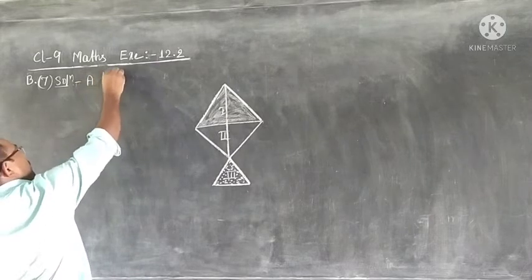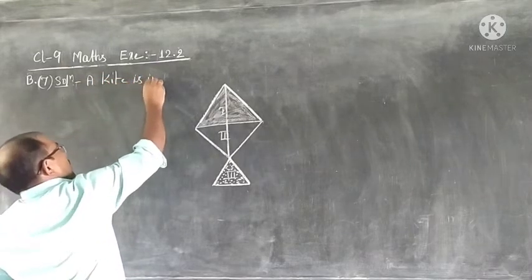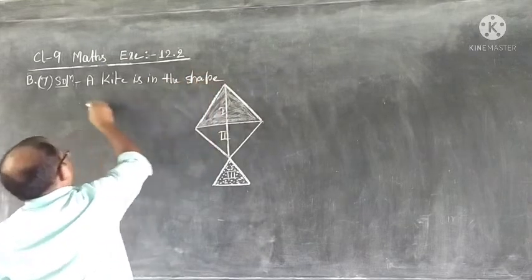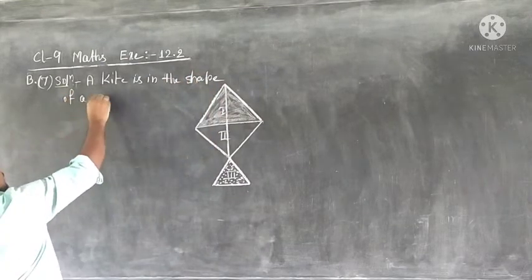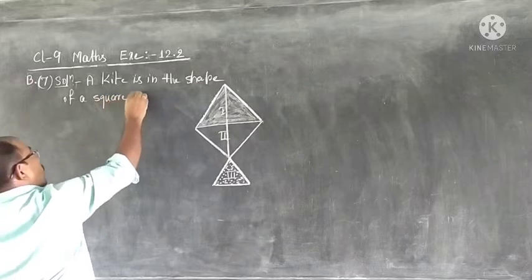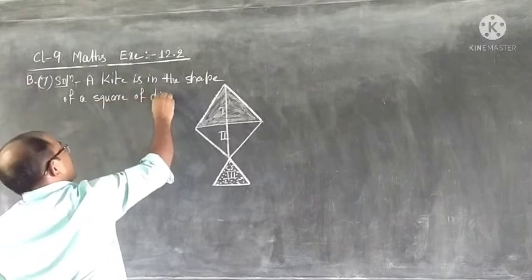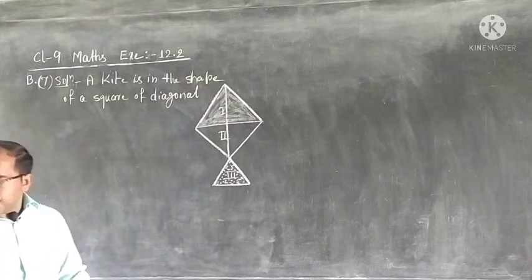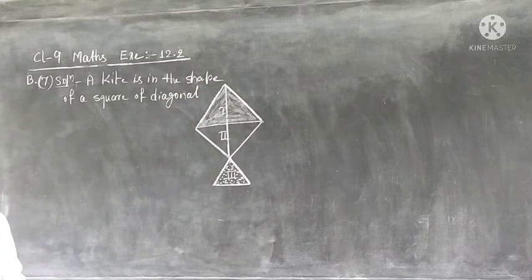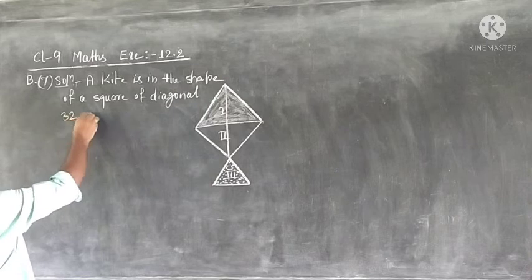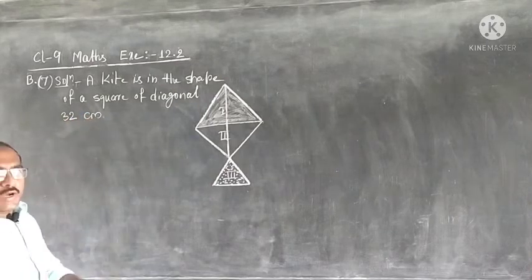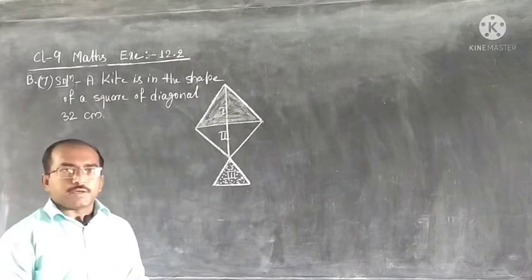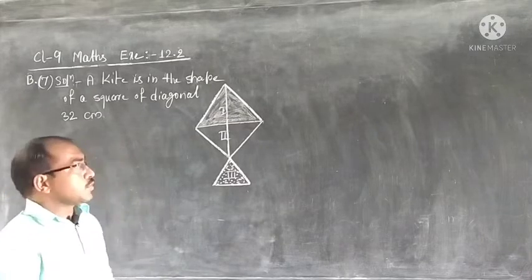A kite is in the shape of a square of diagonal. The diagonal is given. How much is the diagonal? 32 centimeter. First, let us talk about this part, the diagonal of a square.